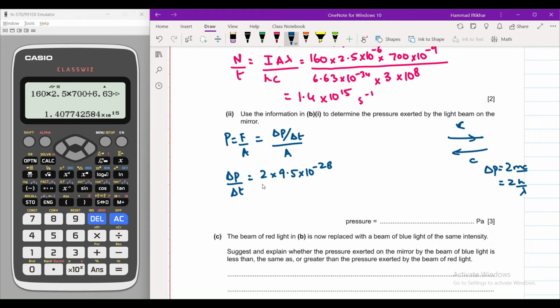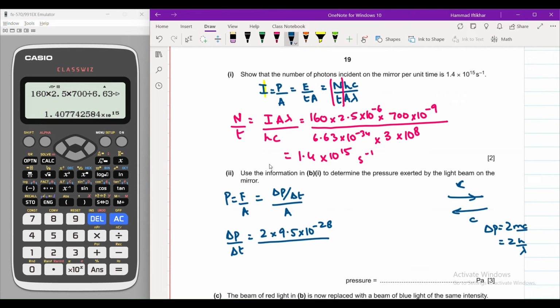Over time was per second. Okay, so we're doing it per second, so in 1 second basically. But we also know that in 1 second we have 1.4 × 10^15 photons attacking. So the total momentum will be multiplied by 1.4 × 10^15 per second also.